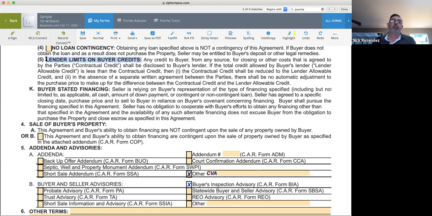What does that mean? Well, when you negotiate for the seller to pay part of the buyer's closing costs as a credit, there's a limit on how much that can possibly be, because the seller can only credit the amount of the actual costs, which generally are limited to around 3%, right?